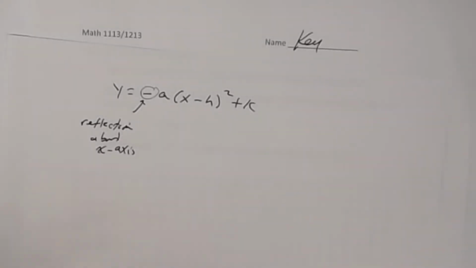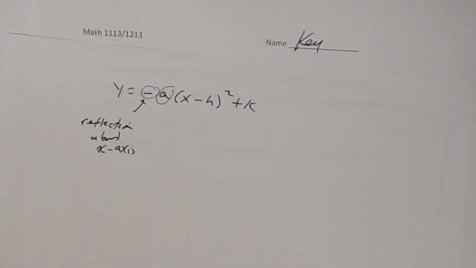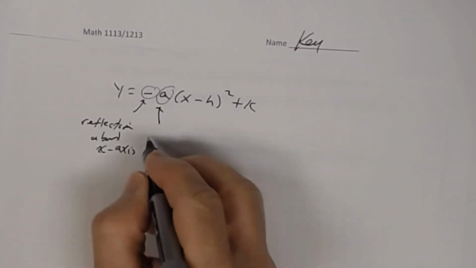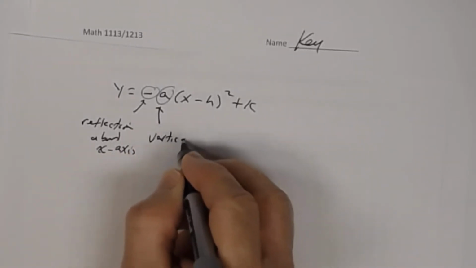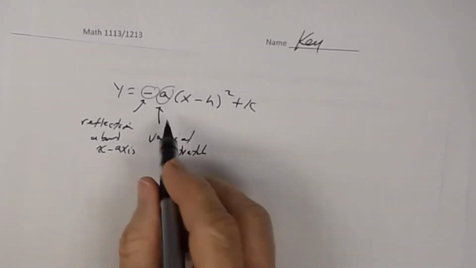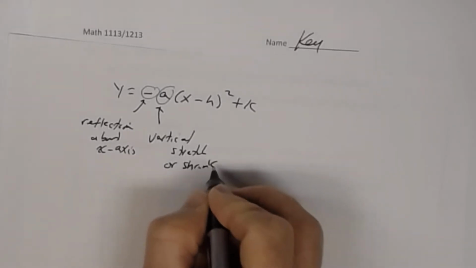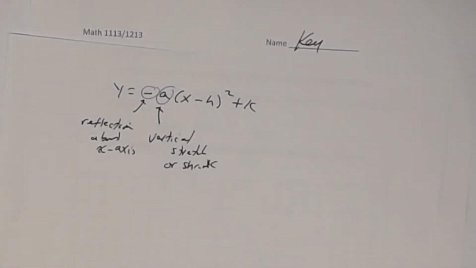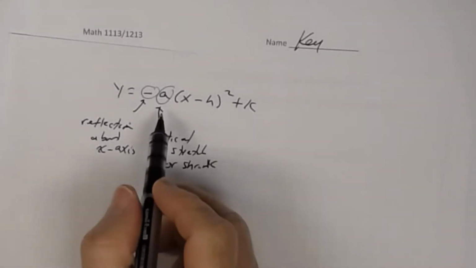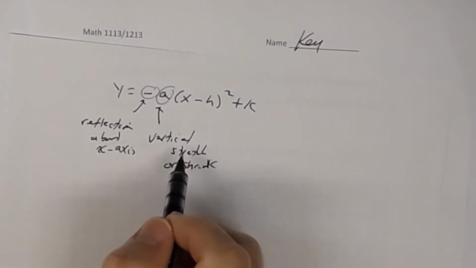All right. The a right here is the vertical stretch or shrink, where you multiply each y value by a. If a is greater than 1, you get a vertical stretch.